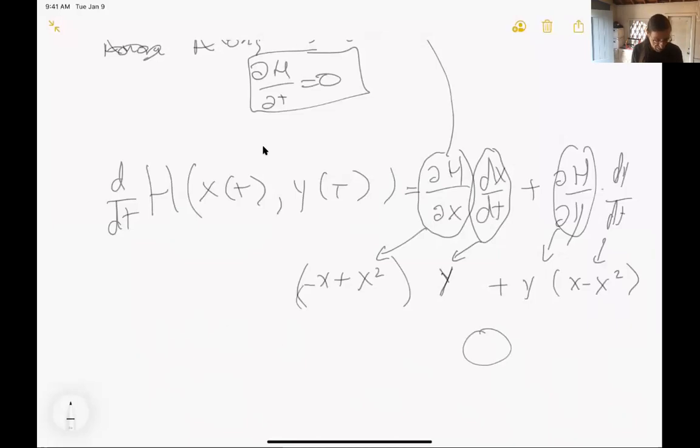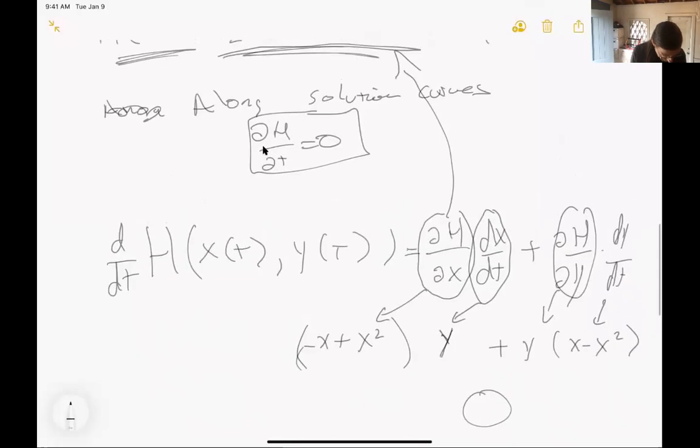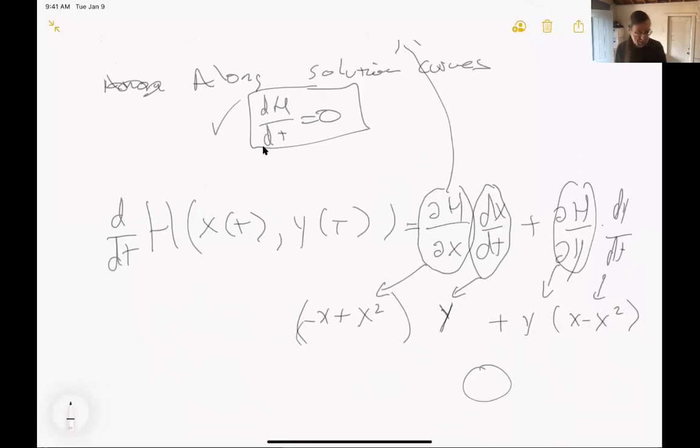Okay, so what was the point? The point was that we just confirmed this equation, that the derivative of h with respect to time is 0. The reason we're concerned about the derivative of h with respect to time being 0 is it says that h is a function which is constant on level curves, on trajectories, constant on solutions of the original differential equation.